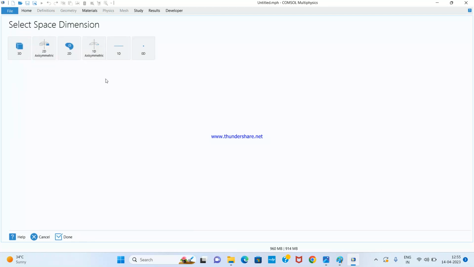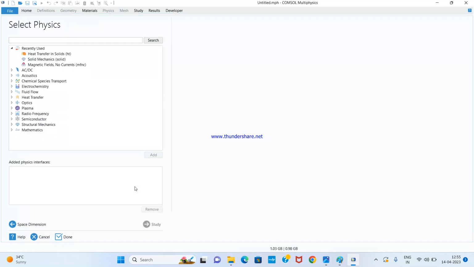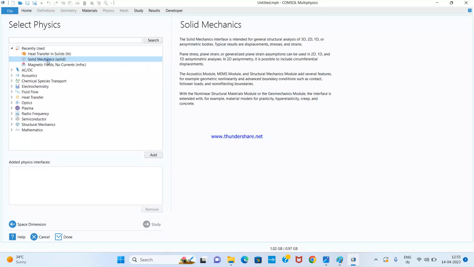As I told you, it will be a transient analysis, so it will take a lot of time. So I will make one small model and show just the techniques. You select 2D, and here you use solid mechanics.